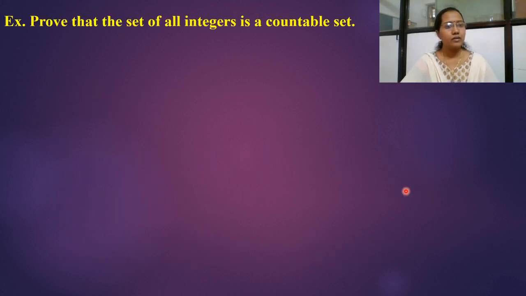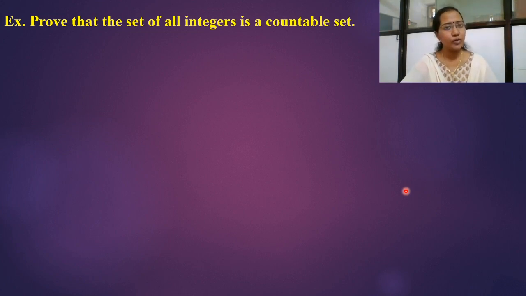Okay. Now let us see one example that proves that the set of all integers is a countable set. What do we have to prove? Countable means it is either finite or denumerable. Now the set of integers, is it finite? No, it is not finite. So we must prove that it is denumerable.